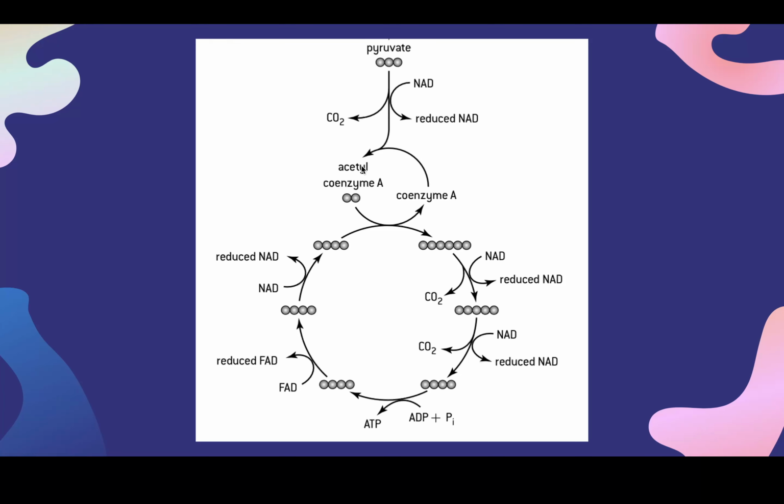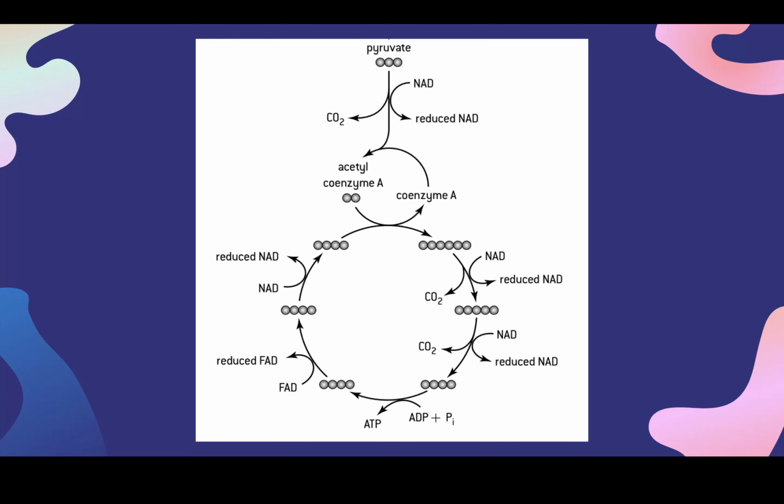So what happens is the acetyl group gets added to the oxaloacetate to form the citrate. From the citrate, one breakdown happens where carbon dioxide is released, so 1 carbon's gone. When the carbon dioxide is released, there's also oxidation happening, which means hydrogen is released, so NAD is reduced.